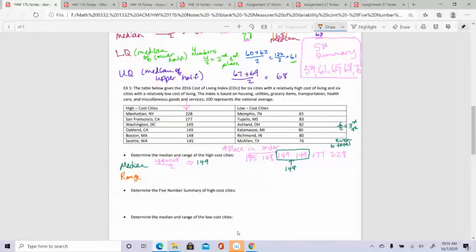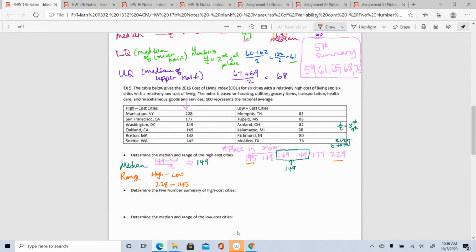You're going to take the high or the biggest number minus the lowest. So you take 228 and subtract the 145 from it, because you're really just trying to know, what's the difference between the highest number and the lowest number? What is the range of numbers?